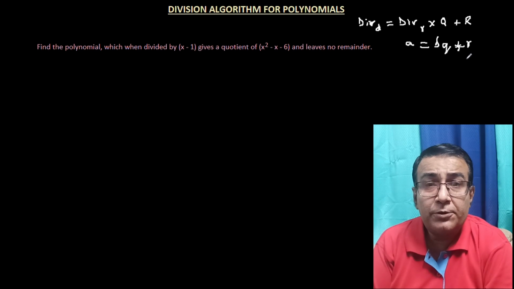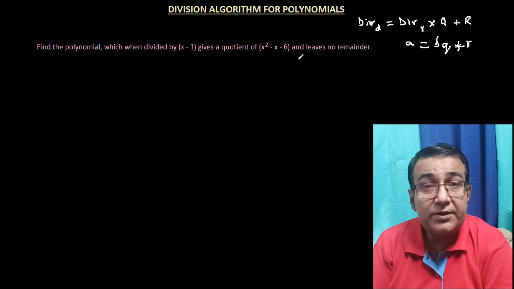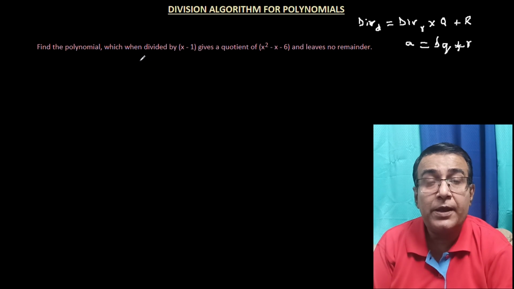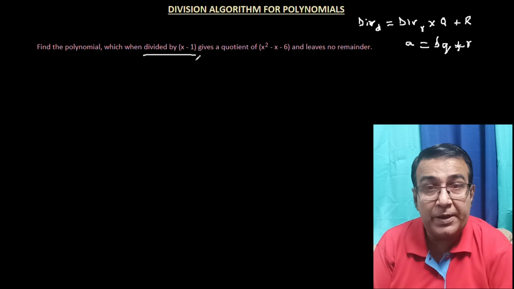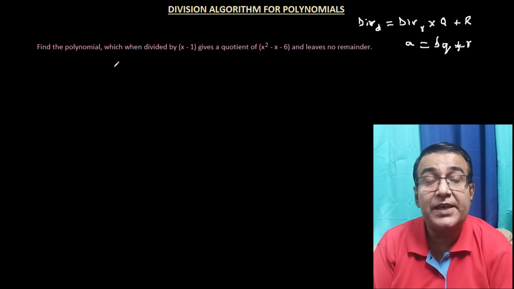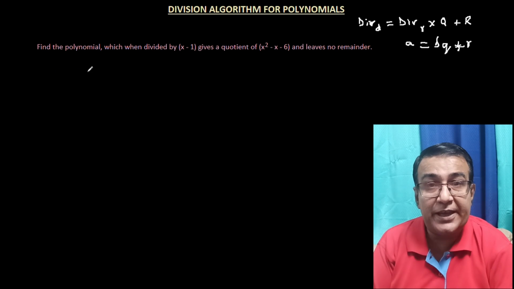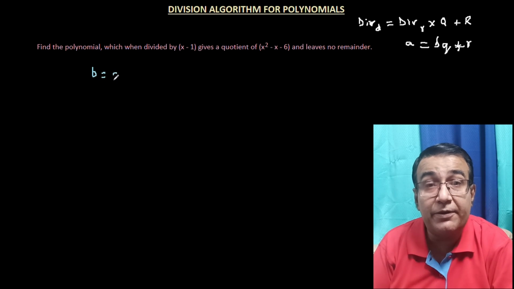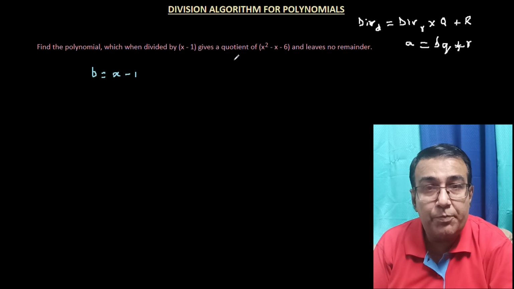Now let's have a look at the question again. Find the polynomial which, when divided by x minus 1, gives a quotient of x squared minus x minus 6 and leaves no remainder. So if we read it carefully, x minus 1 is our divisor, which means that b will be equal to x minus 1.